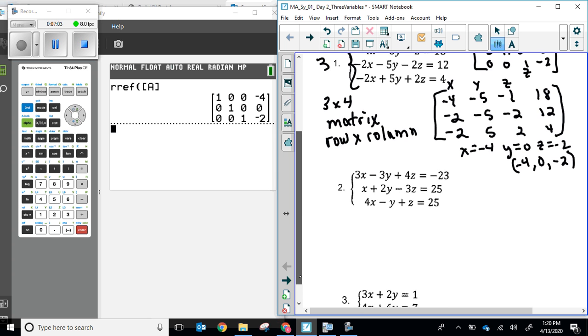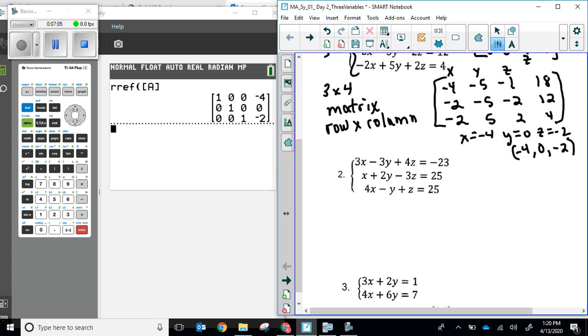All right, so the next one should be a little bit quicker because we have everything set up. So augmented matrix 3, negative 3, 4, negative 3. Okay, so there's your augmented matrix.